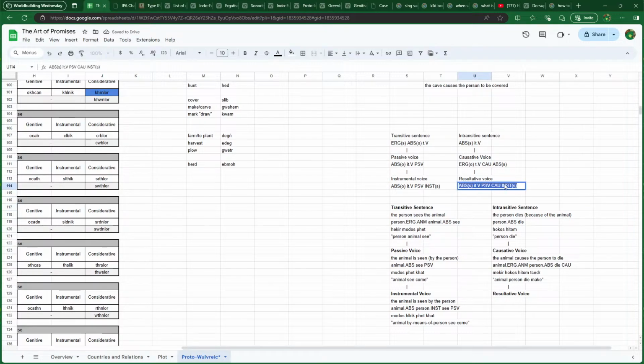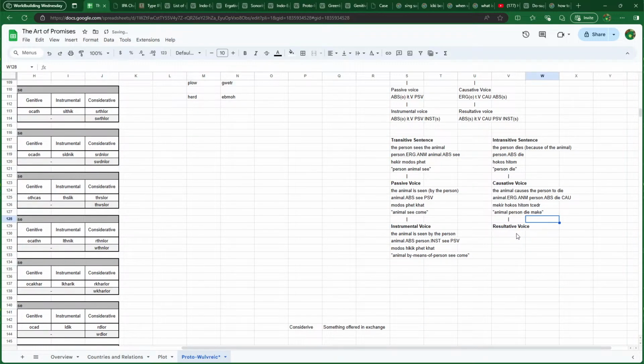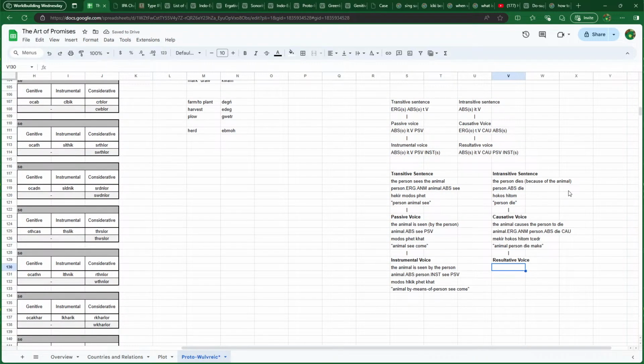Can you add what order they would go in? I think it would be causative passive, because that's the order of operations that we're doing here. So the person dies because of the animal.